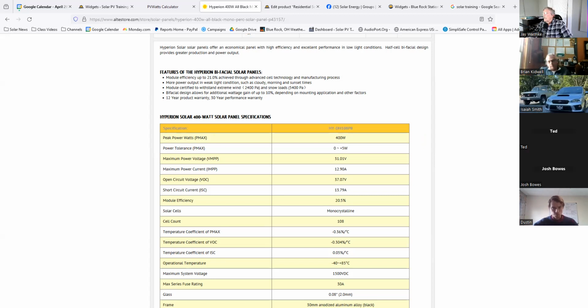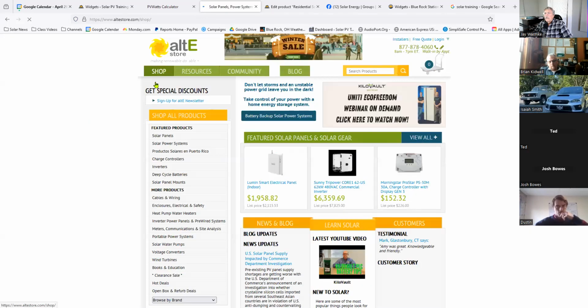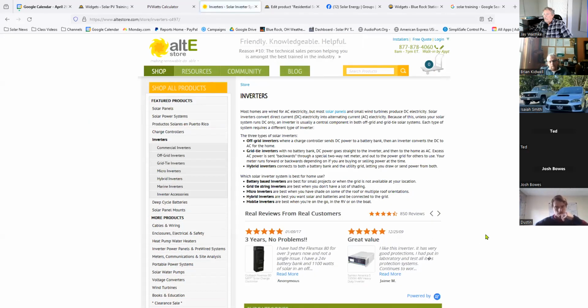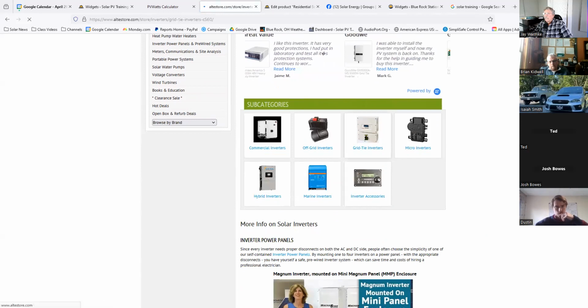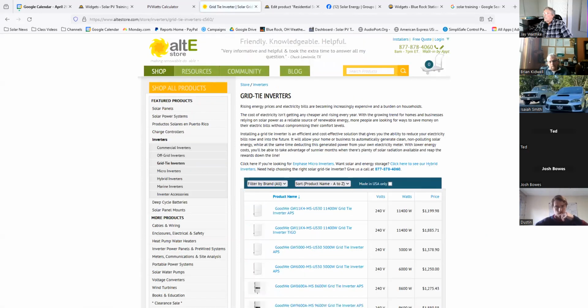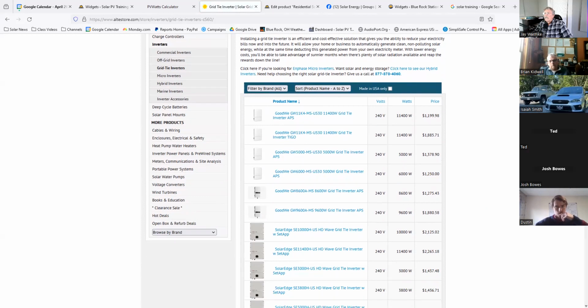Now I'm going to go and look at the inverter. And I need an inverter. It's a grid tied system. I'm going to do a string inverter. So under this scenario, they've got GoodWe, huh? I've never heard of those guys.